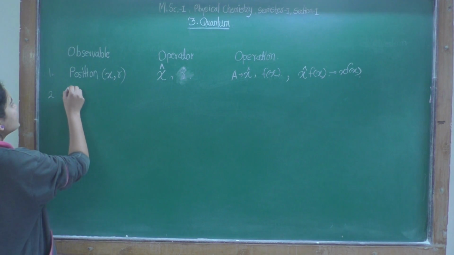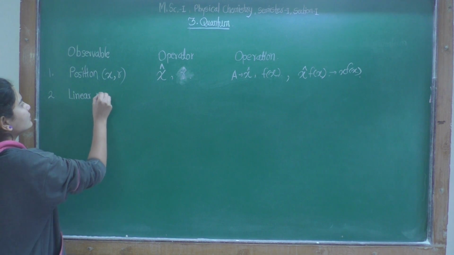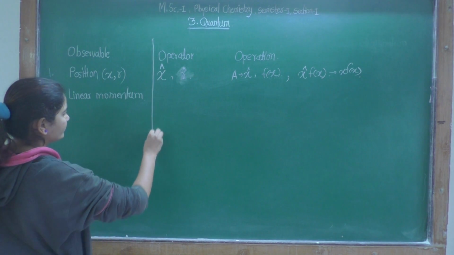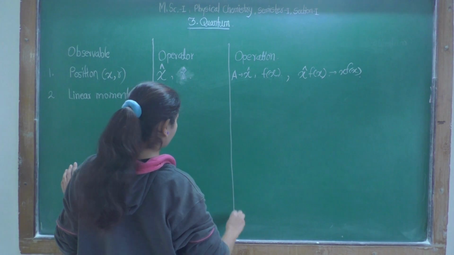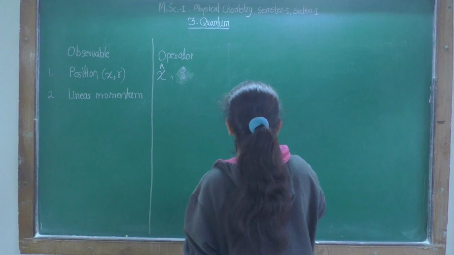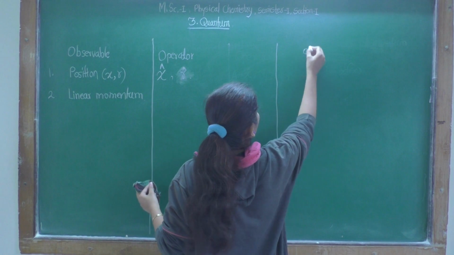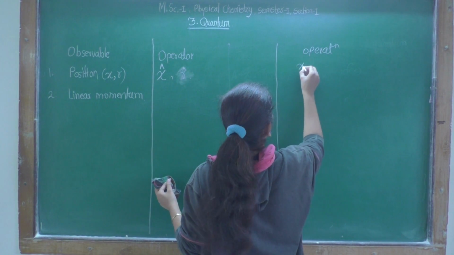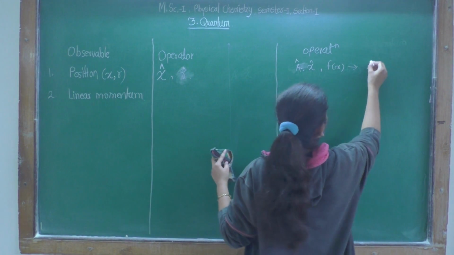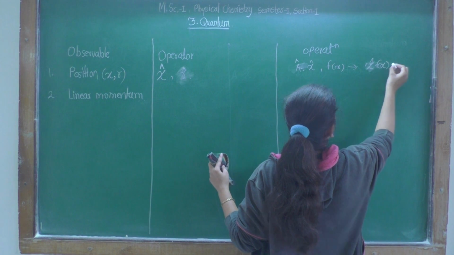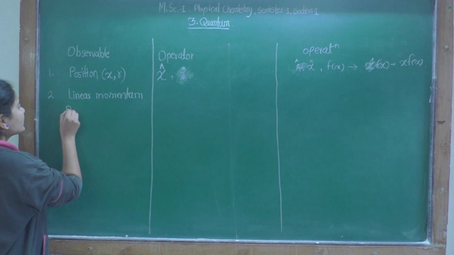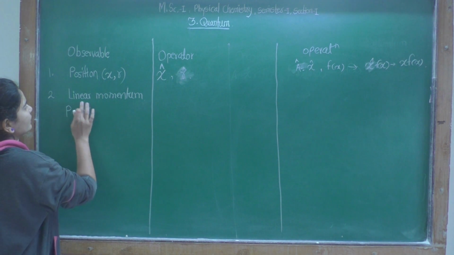Second, linear momentum. We know that linear momentum is denoted by p, and it is equal to m into v, where v is velocity.